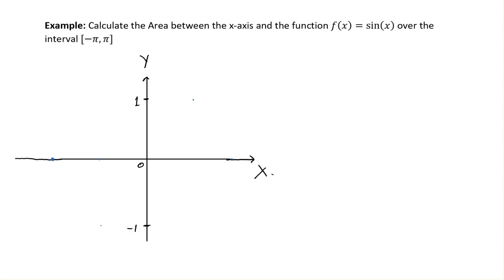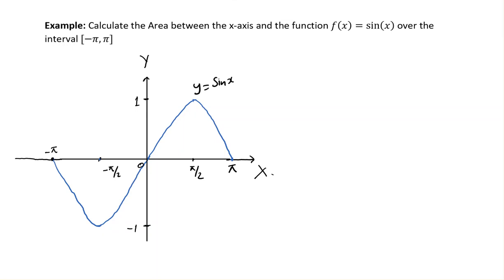If you go from 0, it attains the maximum amplitude, and then it goes back to 0 at pi. So this is my pi, and in between I have pi by 2. Similarly, we have negative pi by 2 and negative pi here. On this side, we will have the symmetric curve, something like this. So this is our sine x, y is equal to sine x.